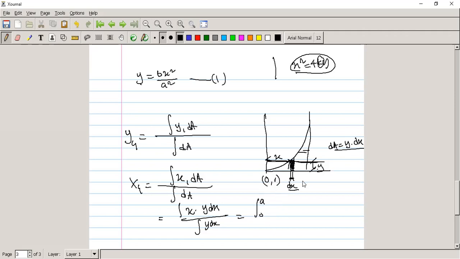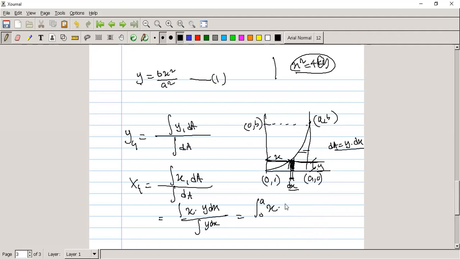Because this is 0, 0, and this is a, 0, and this is 0, b, sorry, this is a, b, and this is 0, b. Is it right?